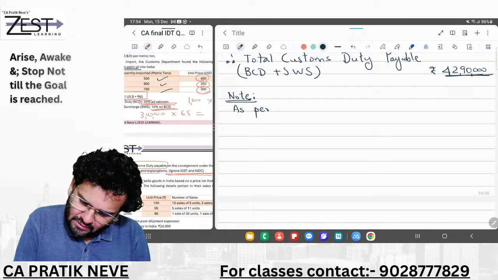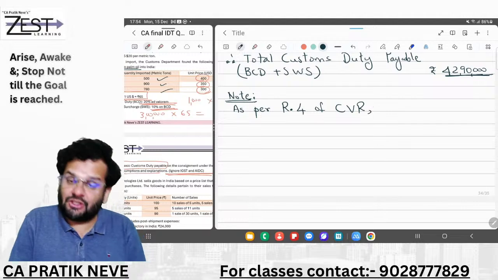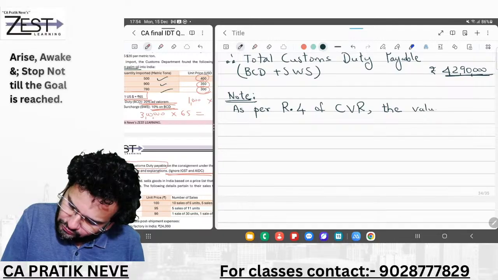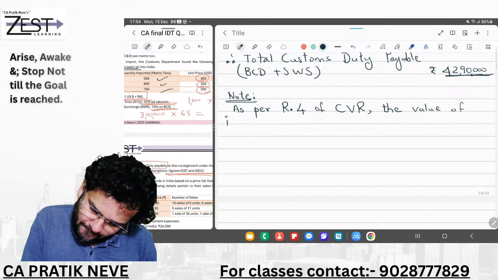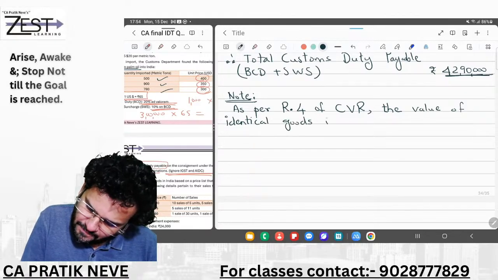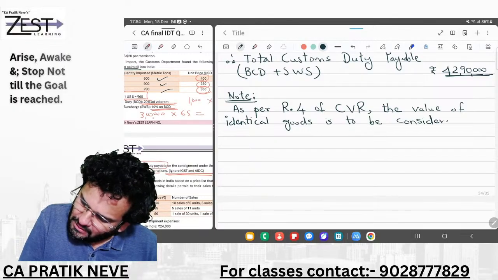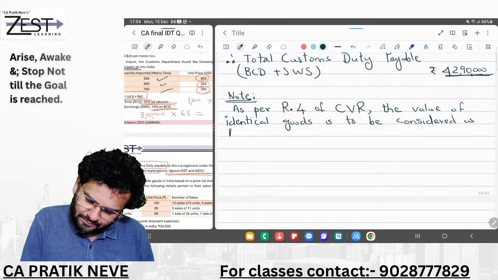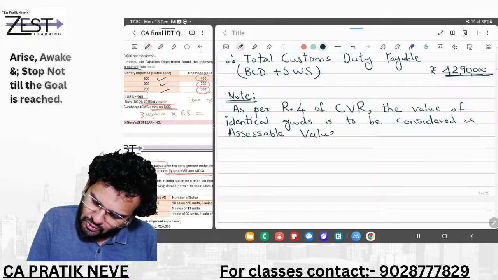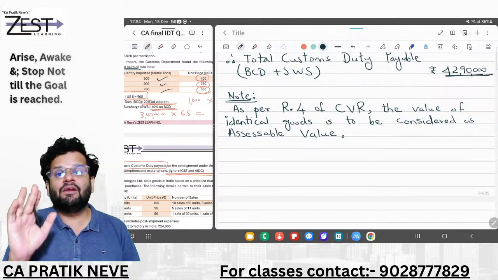As per rule 4 of customs valuation rules, the value of identical goods is to be considered as assessable value. Do you agree?